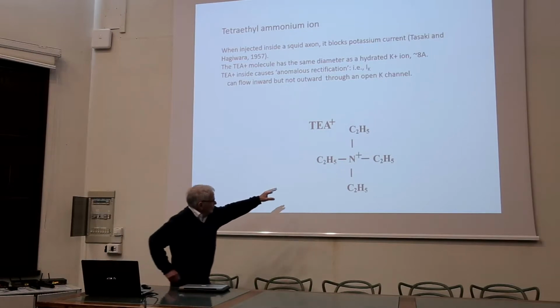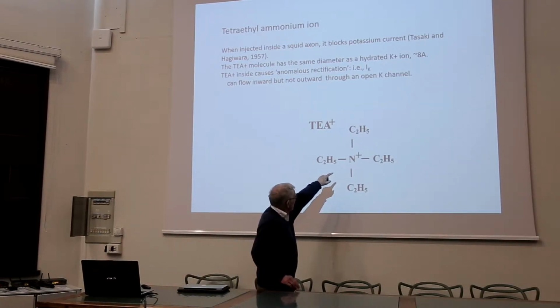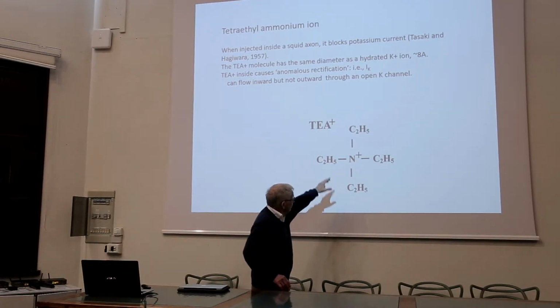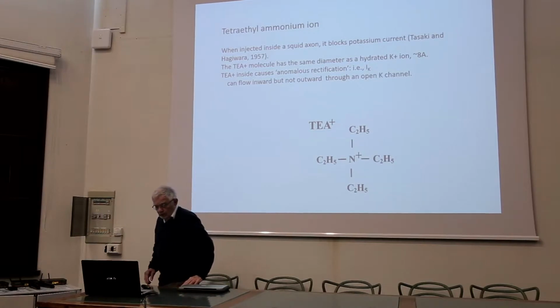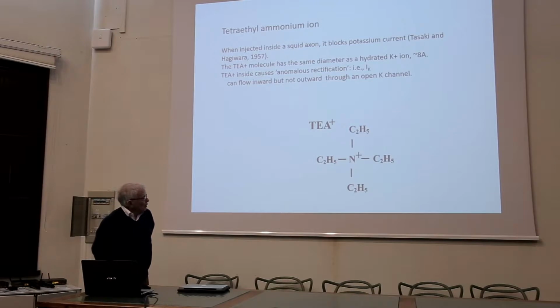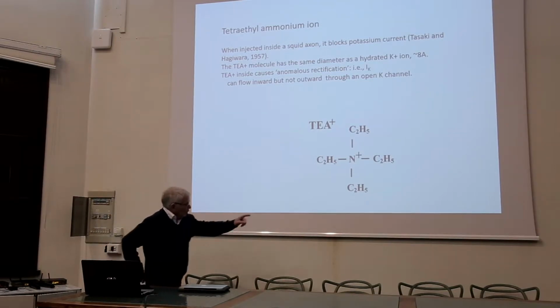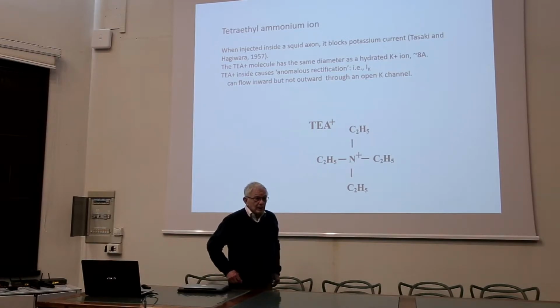This tetraethylammonium ion has a central nitrogen which is charged and is surrounded by 4 ethyl groups, and the overall dimensions are about the same as a hydrated potassium ion.